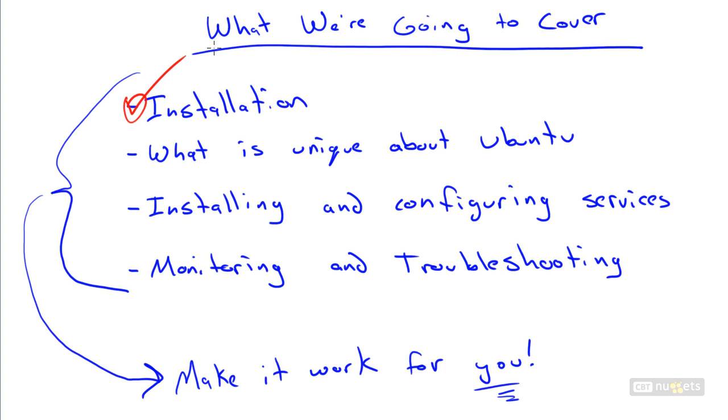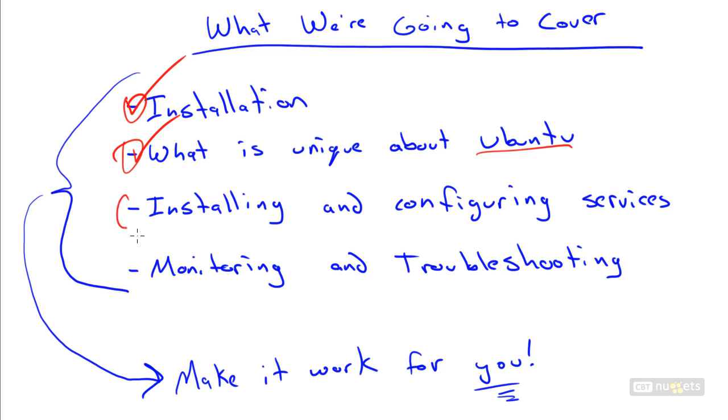In our case, it's going to be a virtual environment that I hope you replicate at home or on your computer. I'm going to talk about what makes Ubuntu unique, because like I said, Linux is exciting and unique, but Ubuntu is a specific distribution that's slightly different from all of the other distributions out there. It can get confusing, and I want to make sure you understand Ubuntu.